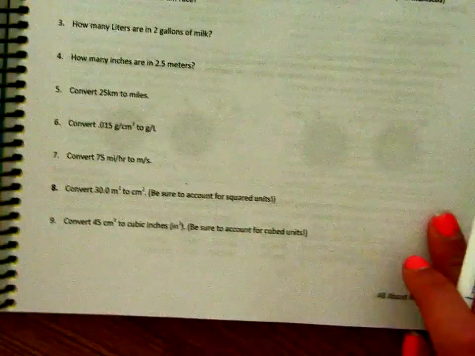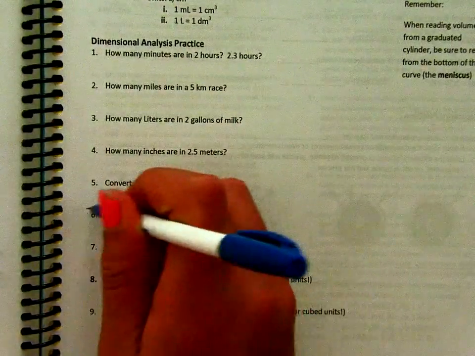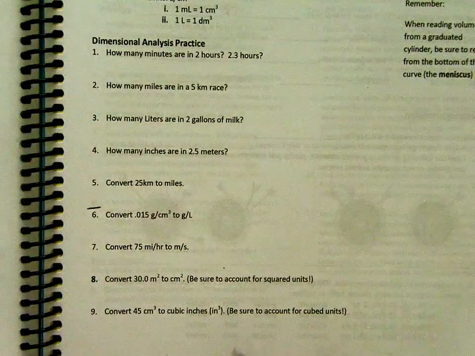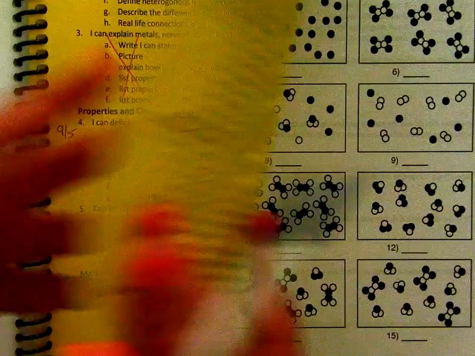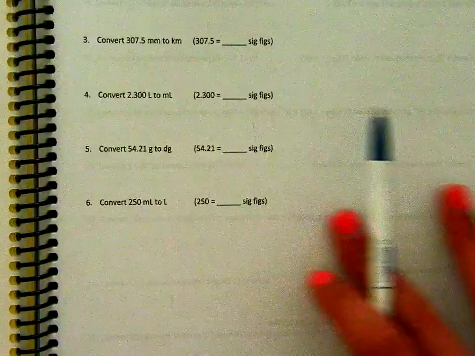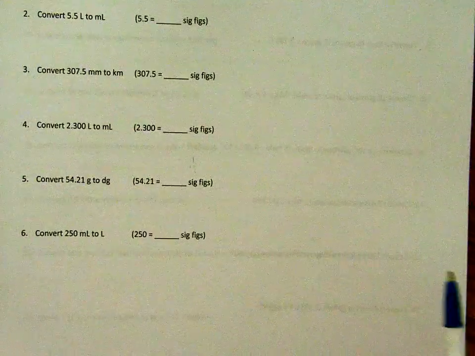On the next page, page 2.9, there are a couple practice problems. You guys could go all the way up until number 6, so numbers 1 through 5 if you would like to practice. I'll have those answers in class for you. Also on your homework, so in your yellow section on page 2.21, there are dimensional analysis problems.